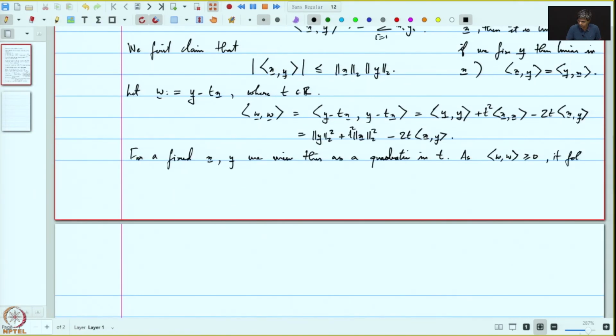It follows that the discriminant is less than or equal to 0, right? But what is a discriminant?